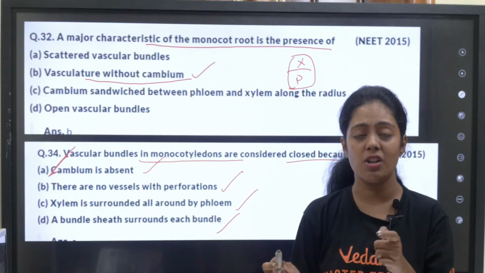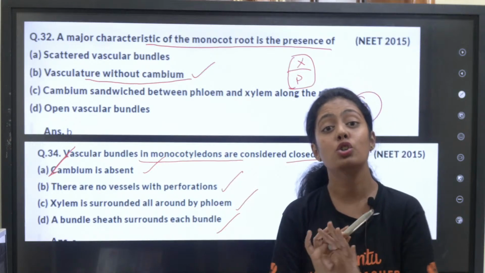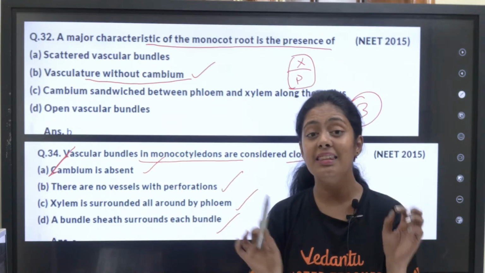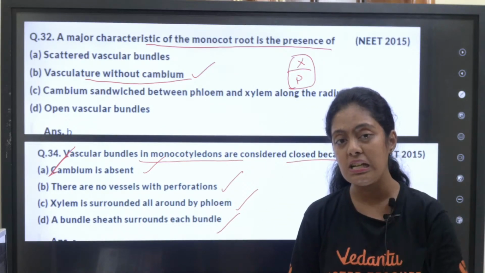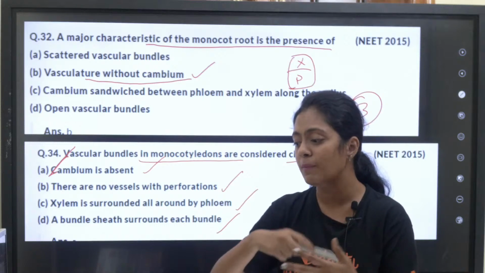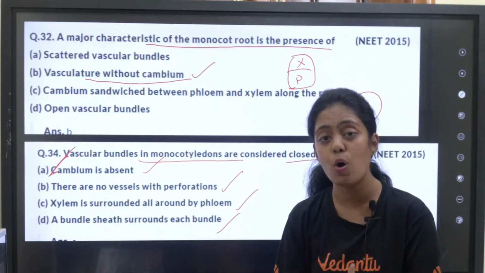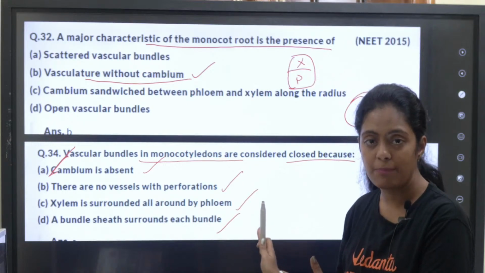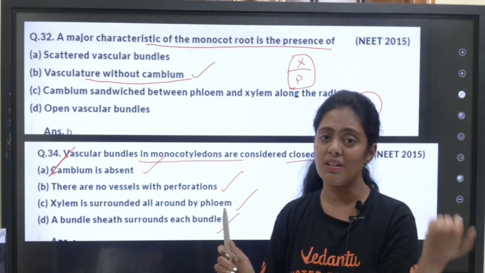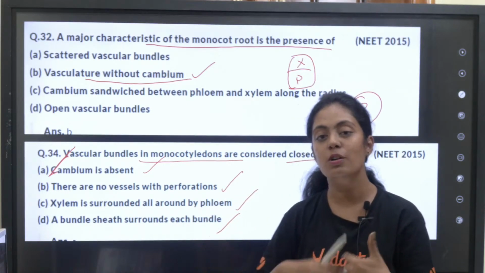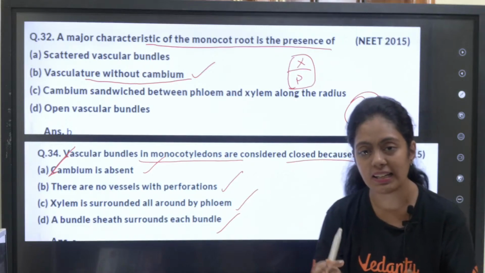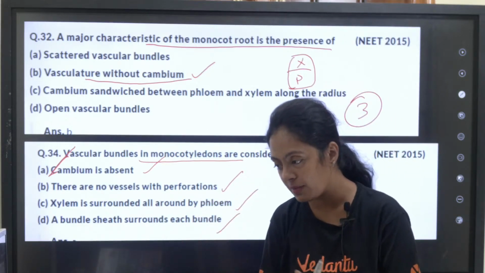So it is a very important chapter. 12 marks is not a joke. Since secondary growth has been deleted, you have to concentrate more on this chapter, especially the tissues and anatomy. Solve a lot of questions. If there is any doubt regarding this topic, please let me know.